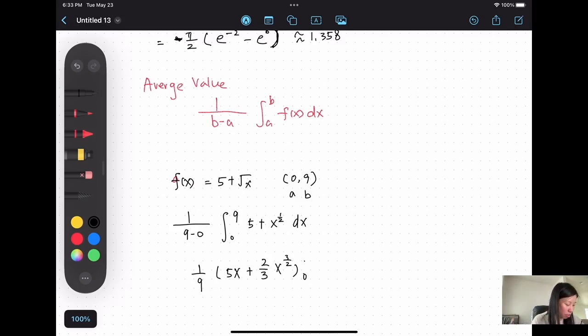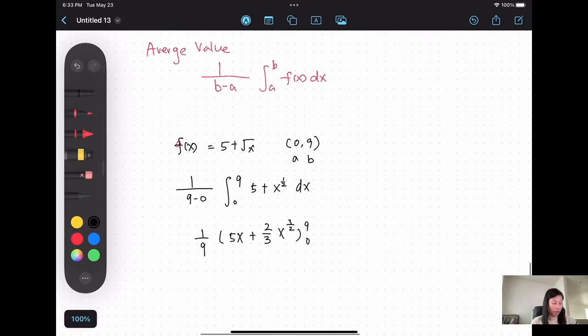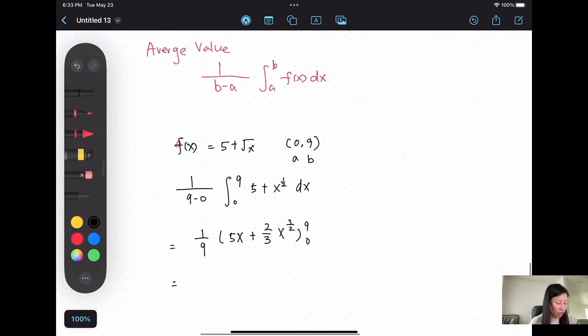And then from 0 to 9. When we simplify it, I got 1/9 times 5 times 2/3 times 9 to the 3/2 power. And you can calculate that by calculator.